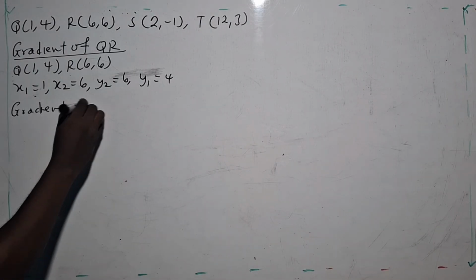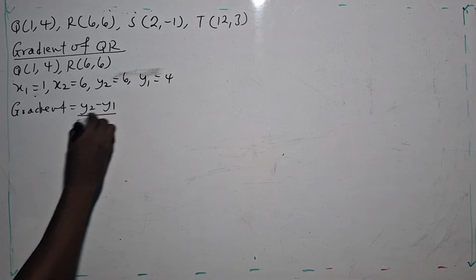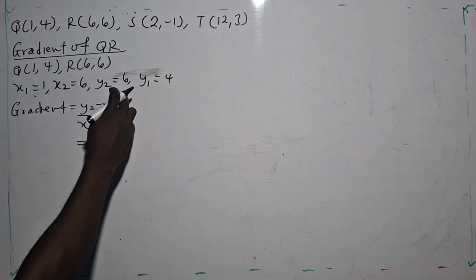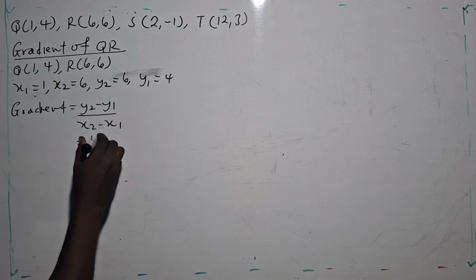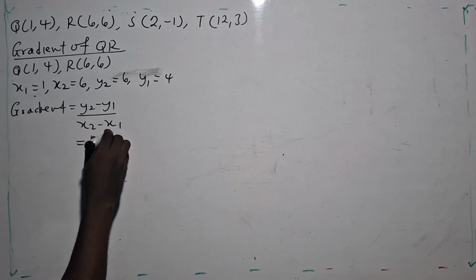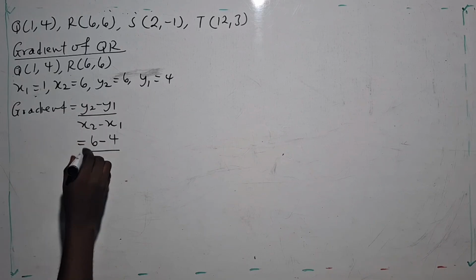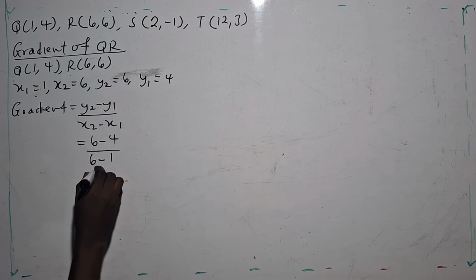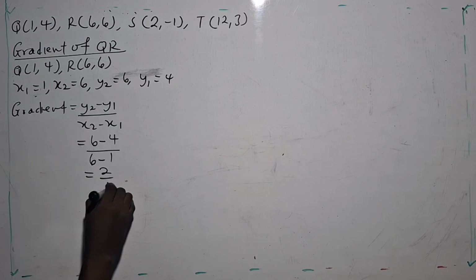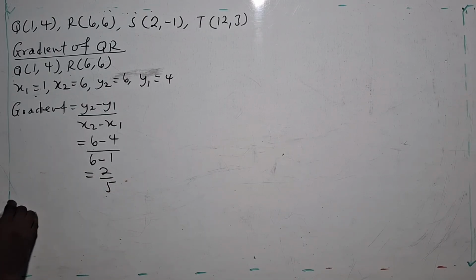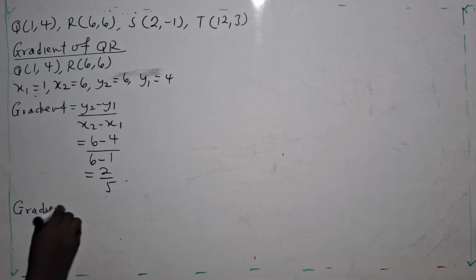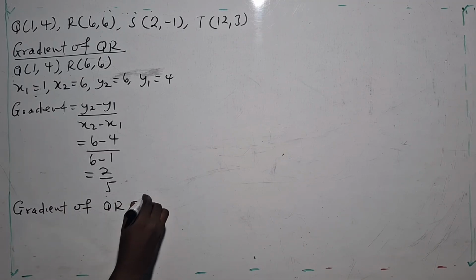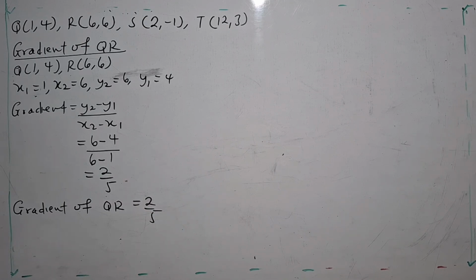So our gradient formula, y2 minus y1 over x2 minus x1. What is y2 here? y2 is 6 minus y1, which is 4. Then x2 is 6, x1 is 1. So 6 minus 4 is 2. Then 6 minus 1 is 5. So the gradient of QR is 2 on 5.